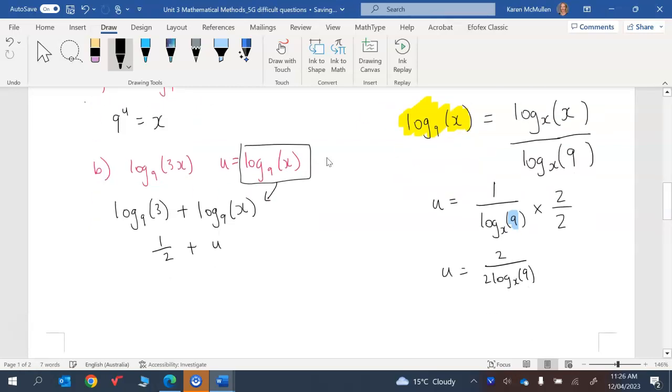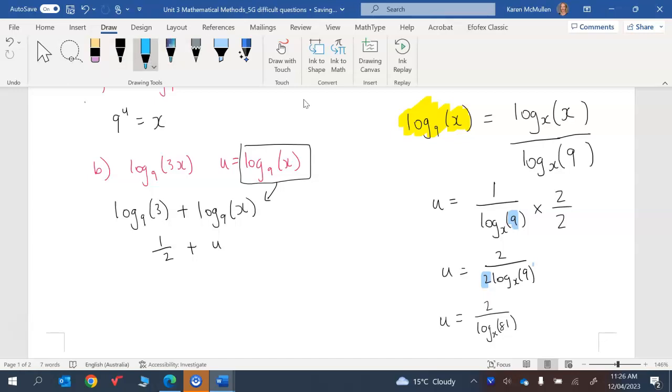Knowing your log laws, this 2 can be shifted up to the top here, and that's where your 81 comes in. So log base x of 81. Now we just have to manipulate it because we want log base x of 81 in terms of u. At the moment I've got u equals, so we just need to switch them around.